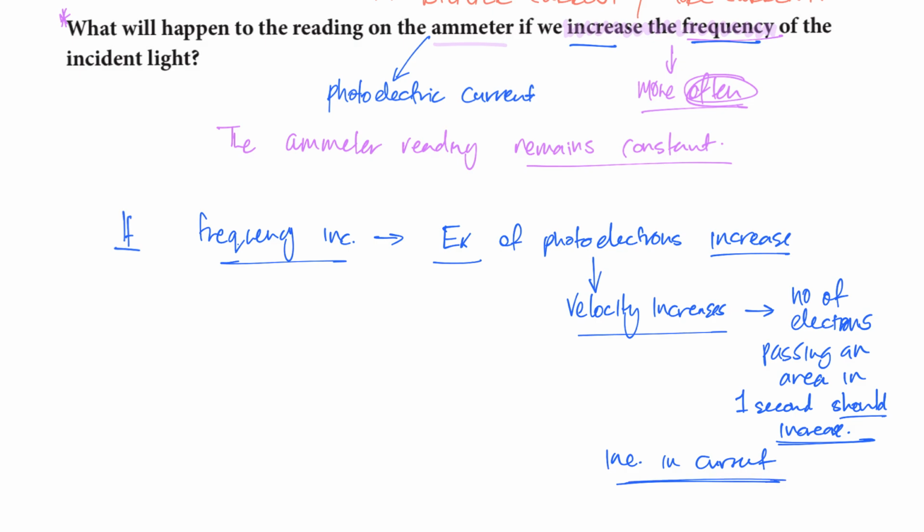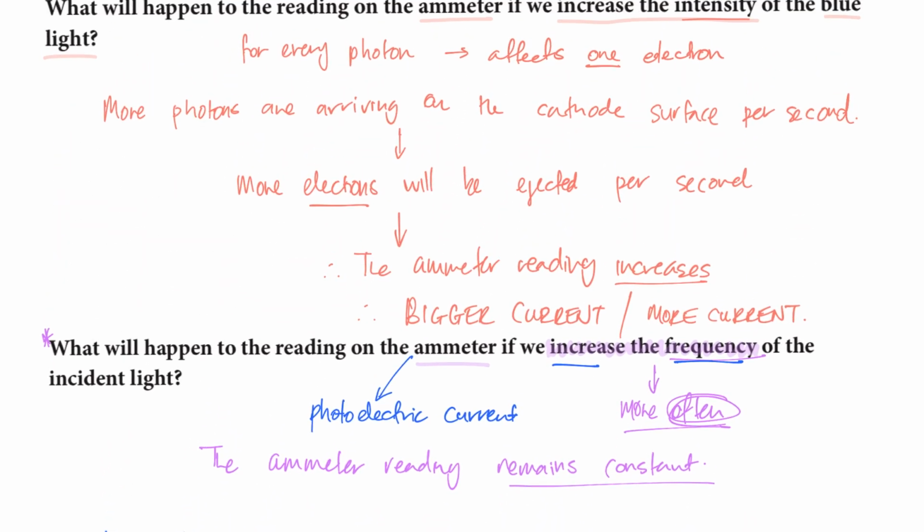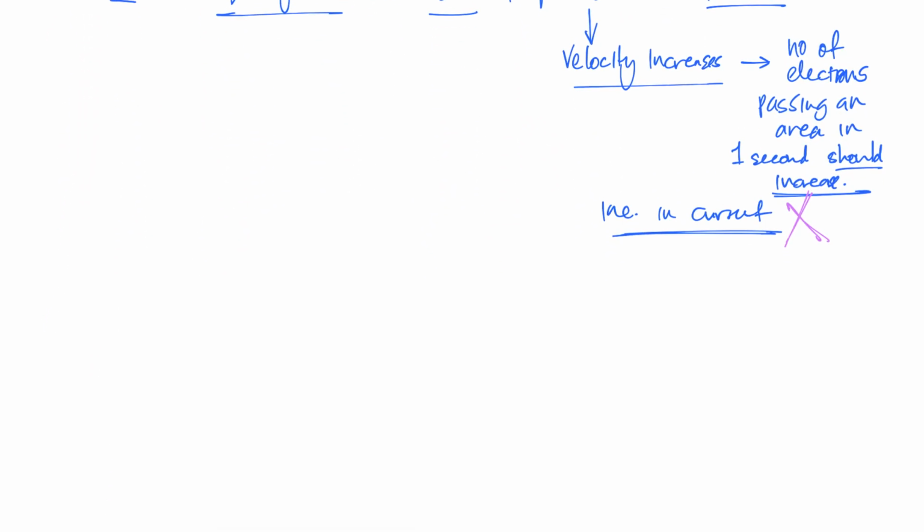But what's actually happening, in the context of the photoelectric effect, is that this thinking is incorrect. Let me just make a note for you here. The key thing to remember, like I said before, is that one photon gives me one electron that will be ejected.